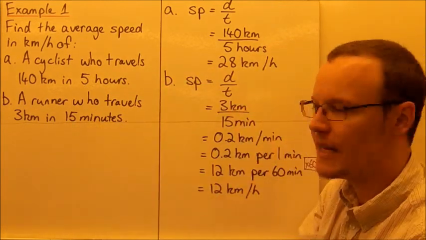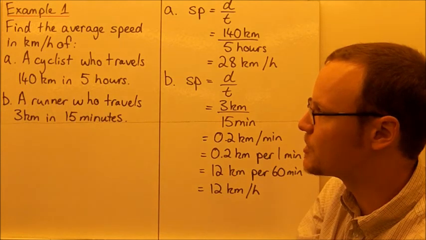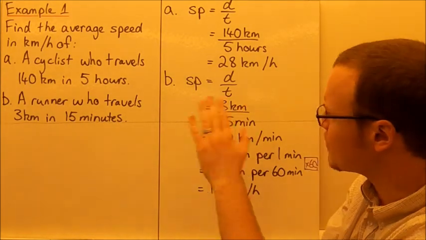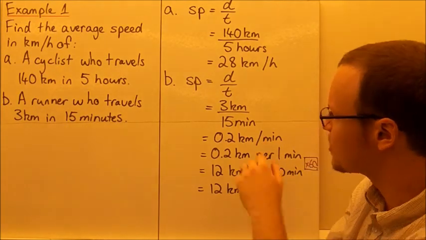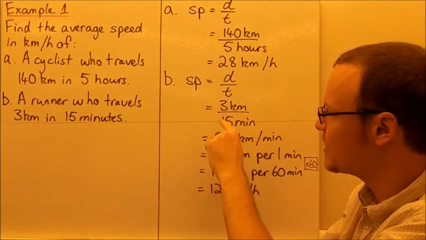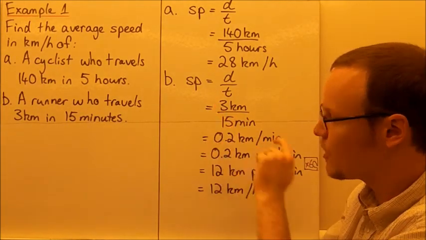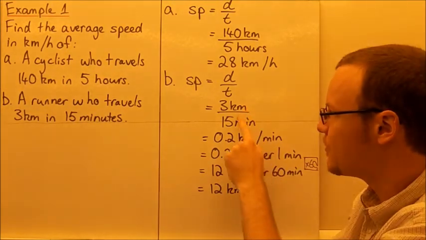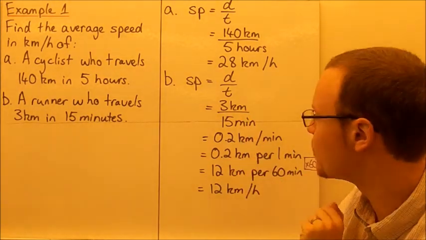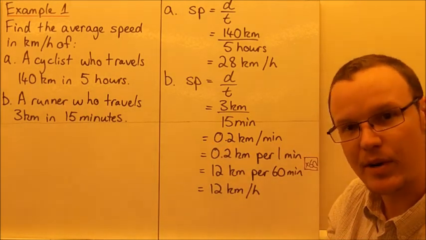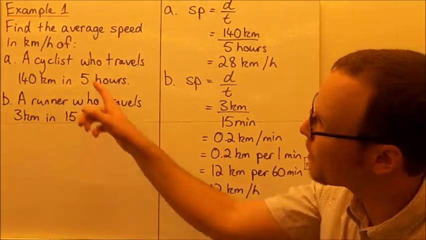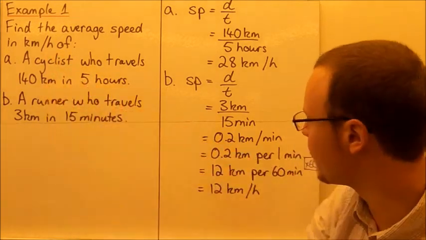For our runner, he travels 3 kilometres in 15 minutes. So the distance is 3 kilometres, the time is 15 minutes. If we work that out, 3 divided by 15, we don't get kilometres per hour, we get kilometres for each minute, kilometres per minute. So the answer is 0.2 kilometres per minute. We're not asked to find kilometres per minute though, we're asked to find kilometres per hour.